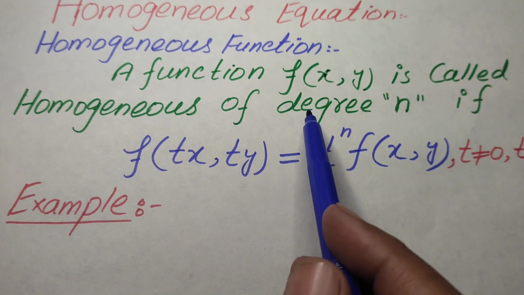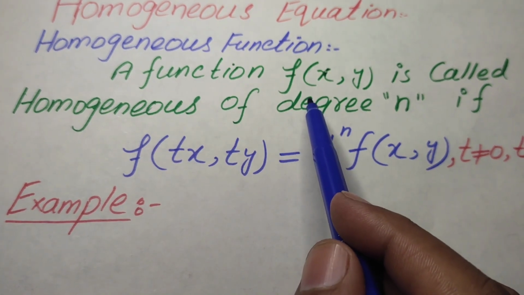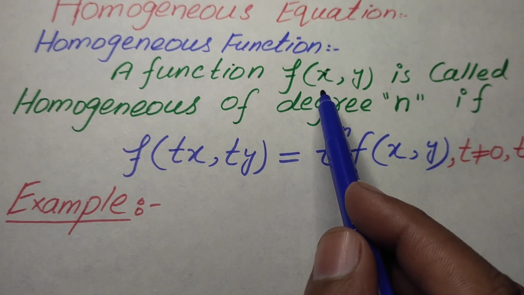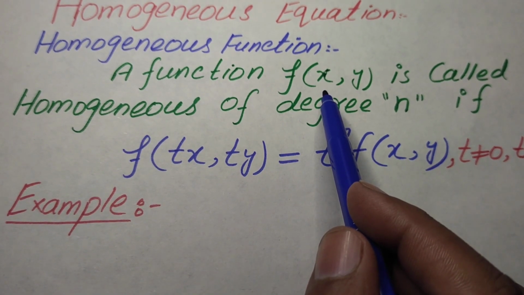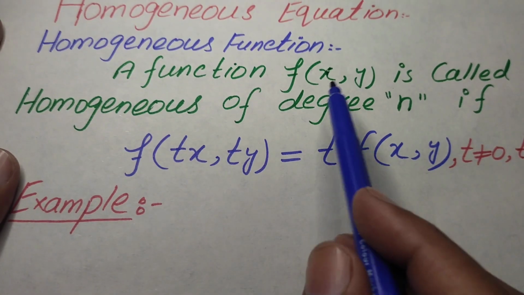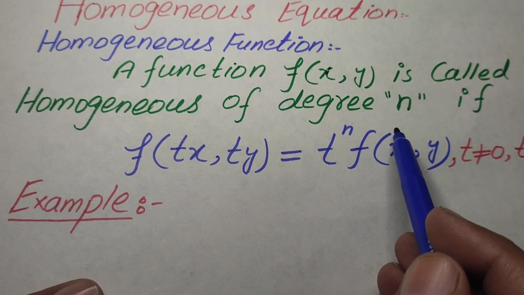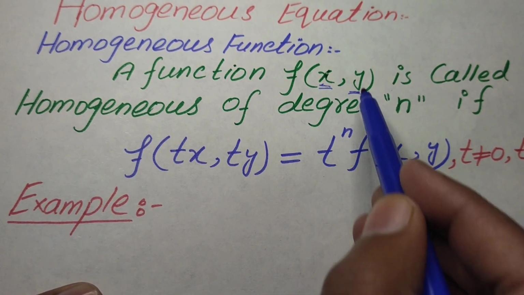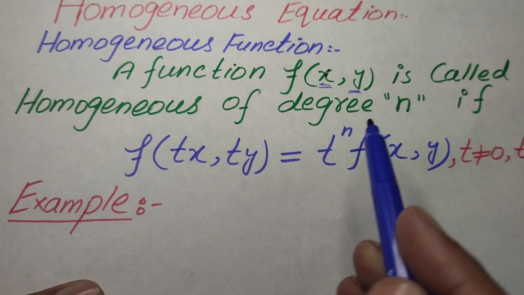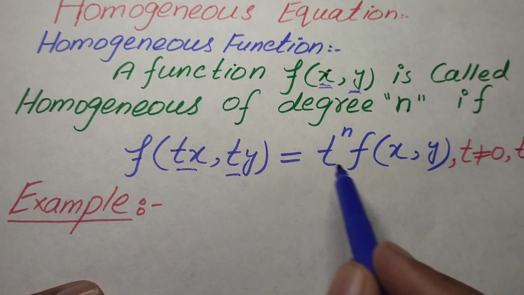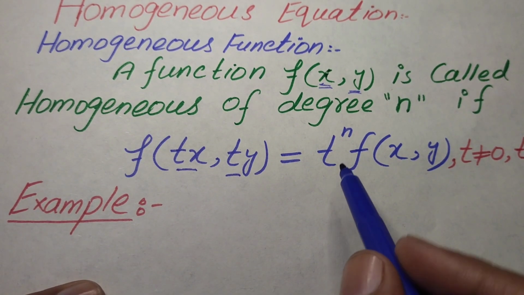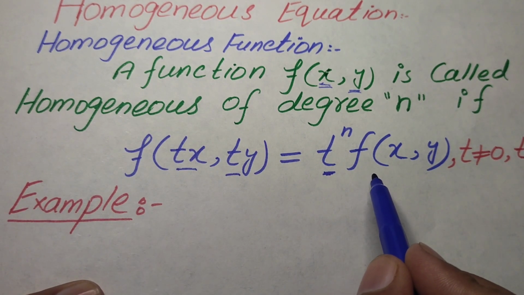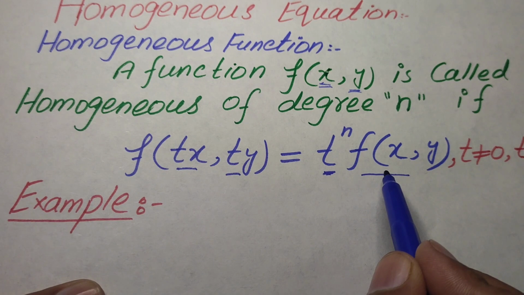We know that if we have f(x, y) be a function of two variables x and y, we say that the function f(x, y) is homogeneous of degree n if we replace x and y by tx and ty, and we get some power t^n times the same function f(x, y).